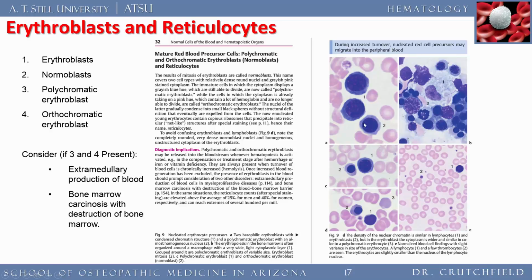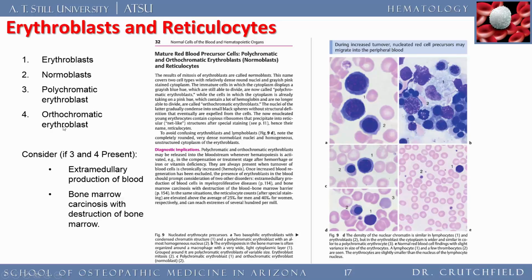So here is an erythroblast, and eventually out here in the peripheral circulation, we can see that mostly this patient's got normal looking red cells.